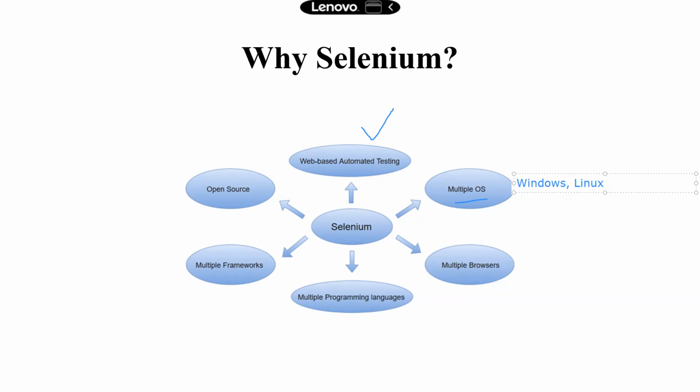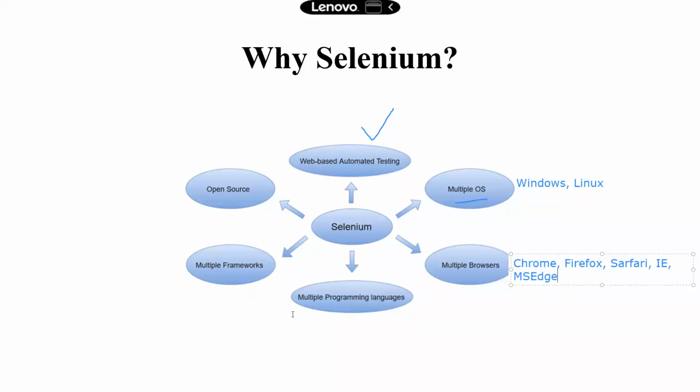So we can use this for multiple operating systems. We can use this for multiple browsers. We can use it for Chrome, Firefox, Safari, IE, Microsoft Edge. So there is a lot of flexibility for browsers as well.